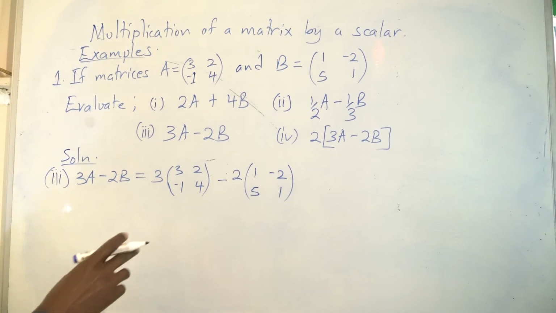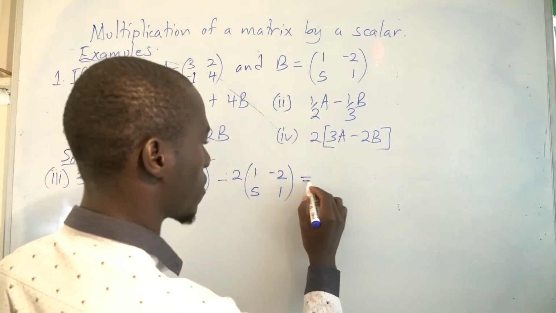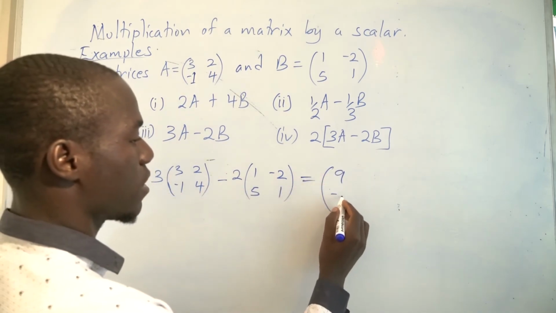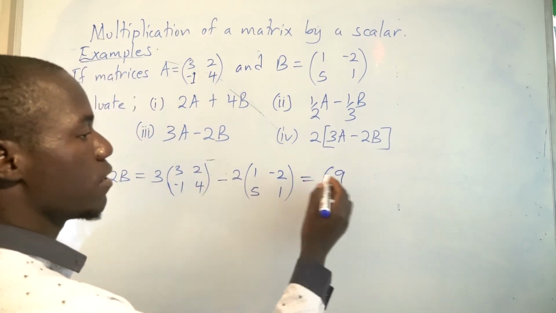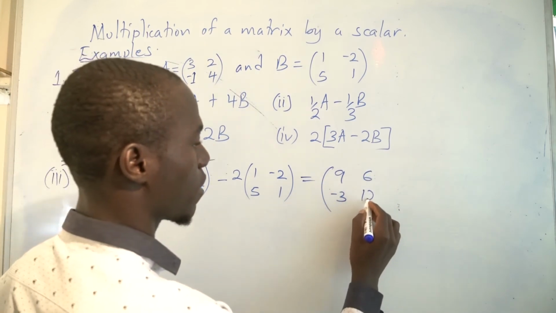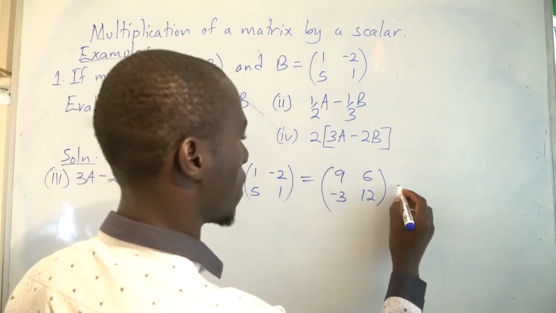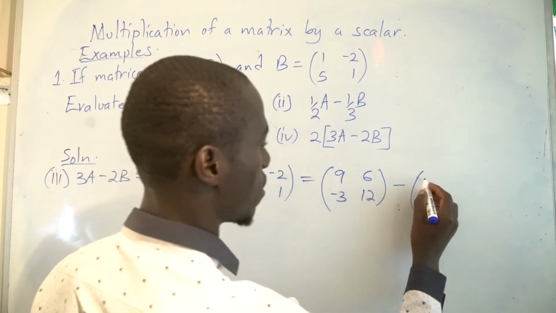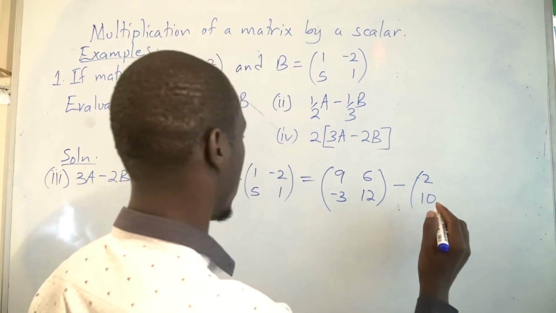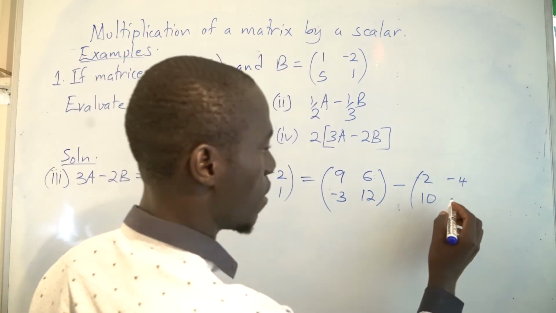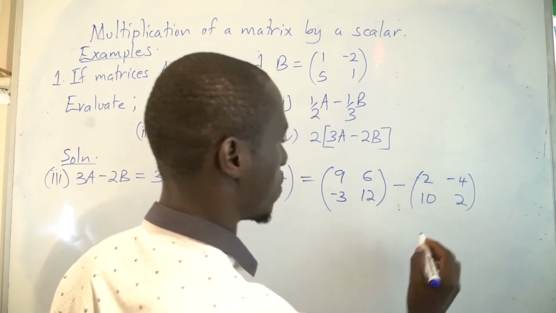So I'm going to multiply the scalar. 3 times 3 is a 9. 3 times negative 1, negative 3. 3 times 2, that is a 6. 3 times 4, that's a 12. Then minus my 2 times 1, which is a 2, times 5 is a 10, times negative 2, that is negative 4, then that one is a 2.